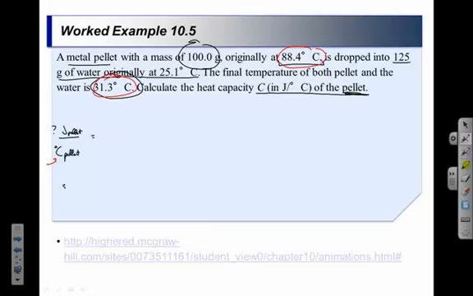I can just take the final minus initial. It's negative 57.1.